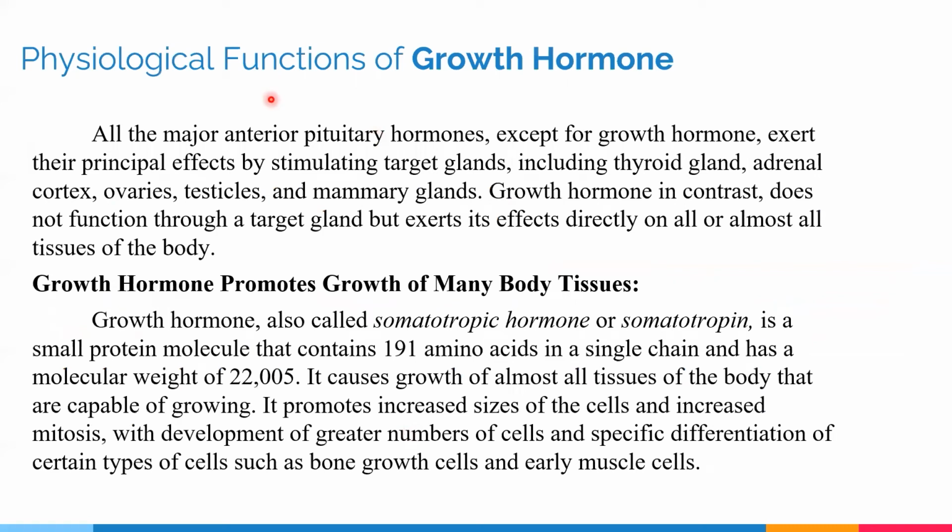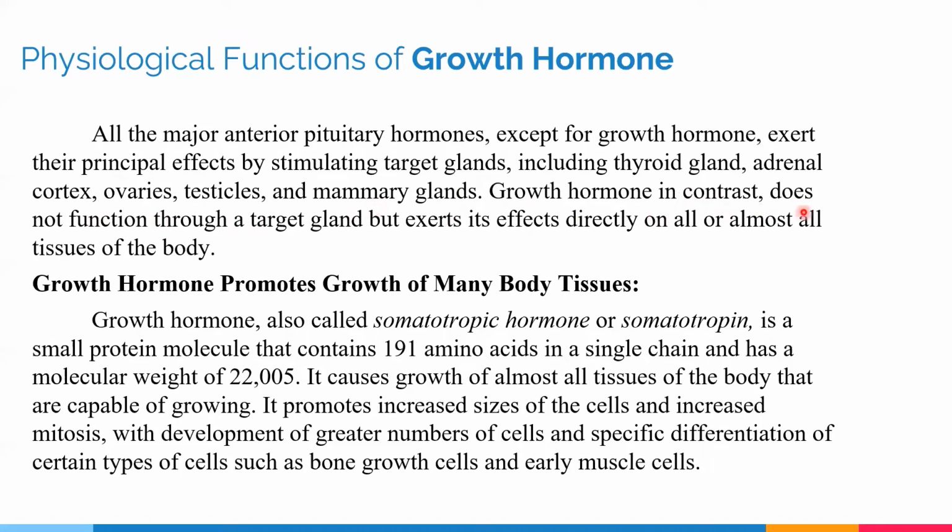Next, we look into the physiologic functions of growth hormone. All the major anterior pituitary hormones, except for growth hormone, exert their principal effects by stimulating target glands, including thyroid gland, adrenal gland, ovaries, testes, and mammary glands.